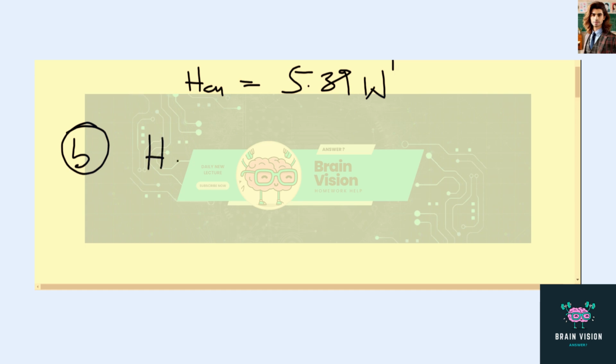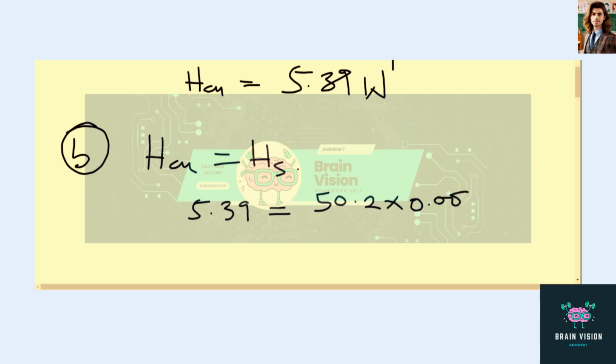Remember, we say the heat current of copper is equal to the heat current of steel. Since we calculated the heat current of copper to be 5.39 watts, we can equate it to the heat current of steel, which is the thermal conductivity, 50, times the area, 0.0004, times bracket the temperature 65 minus 0.